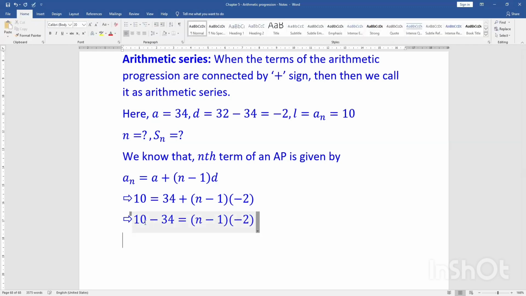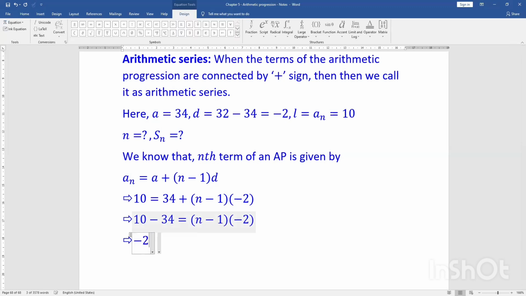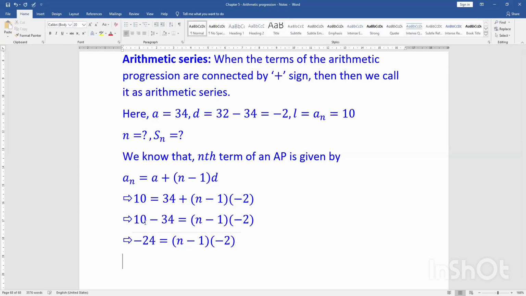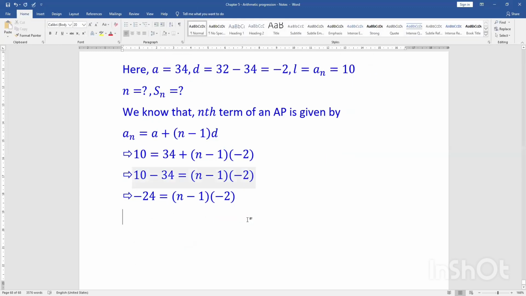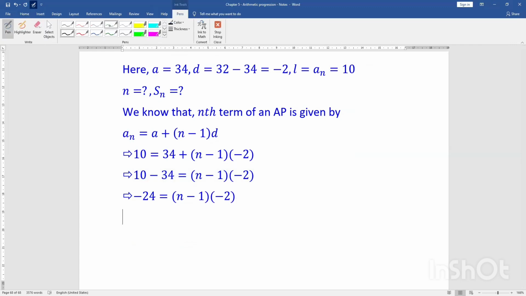Now 10 minus 34 gives you minus 24, so minus 24 equals (n minus 1) into minus 2. Next, I'm going to cancel off the minus sign on both sides, so the negative sign is removed.